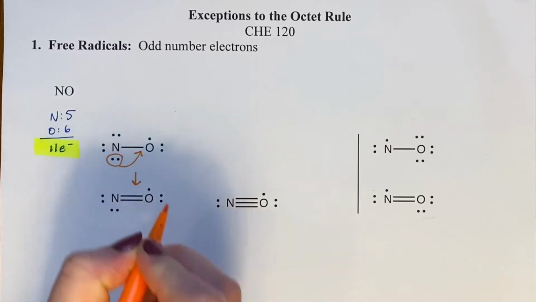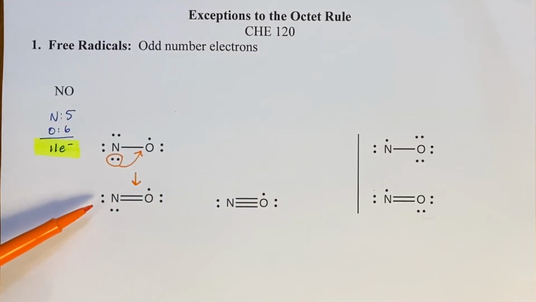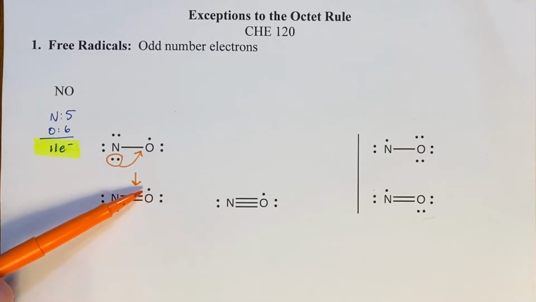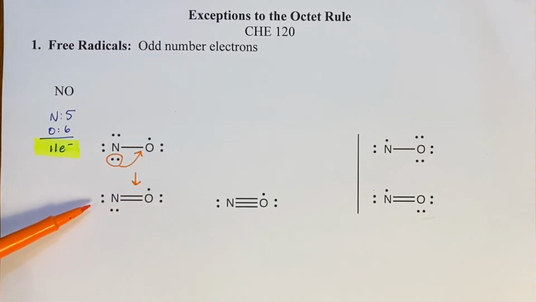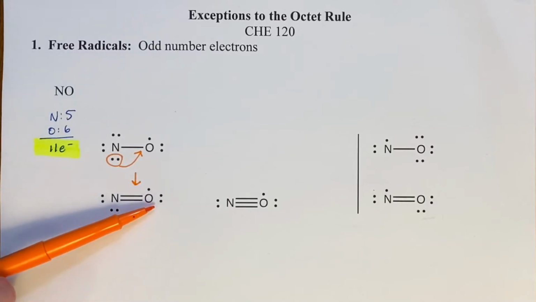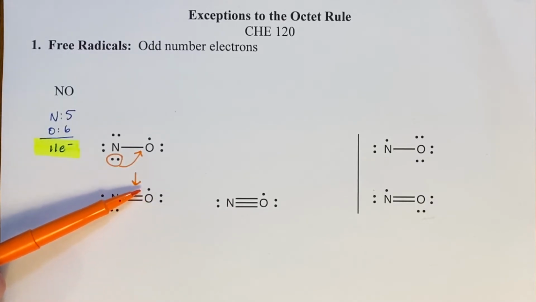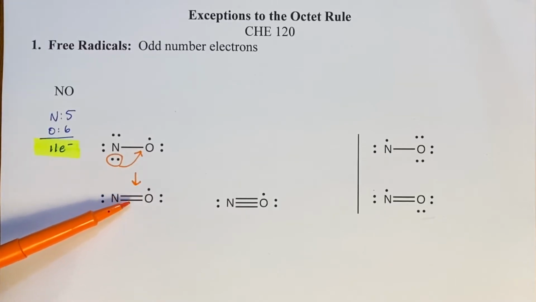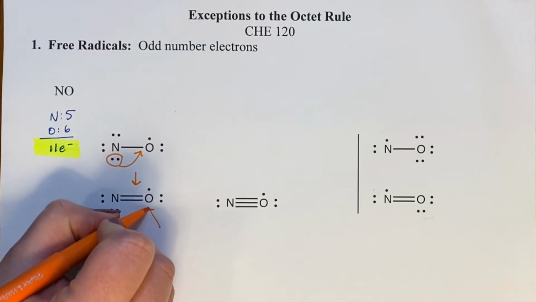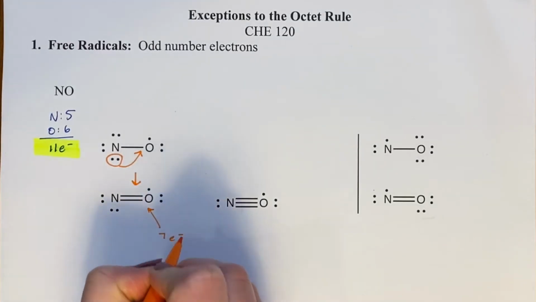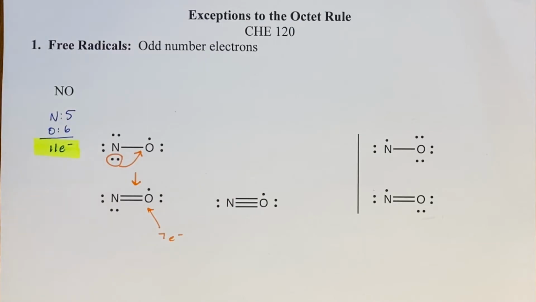That gives me this structure, where my nitrogen still has 2 lone pairs, my oxygen has the lone pair and the lone electron, and I now have a double bond between my nitrogen and my oxygen. My nitrogen still has an octet. My oxygen sees 2 electrons in the lone pair, 1 electron in the free radical, so that's 3, and then 4, 5 in this bond, 6, 7 in this bond, so a total of 7 electrons.